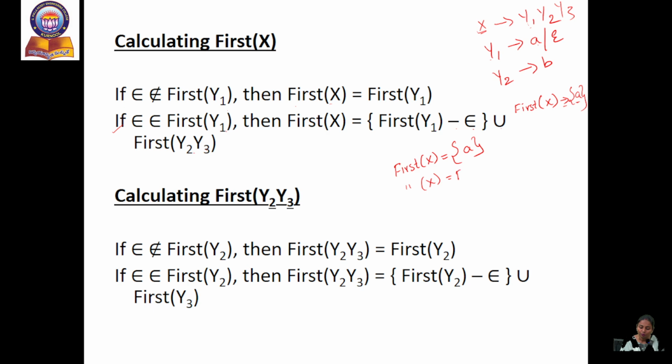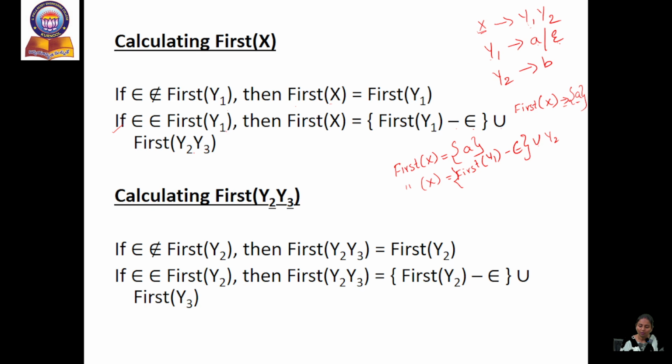We have to do first of x will be first of y1 minus epsilon. So we have to minus epsilon and we have to do union with whatever the remaining available in the x production, y2 and y3. Suppose we have only y2, then we have to consider only y2, union y2.